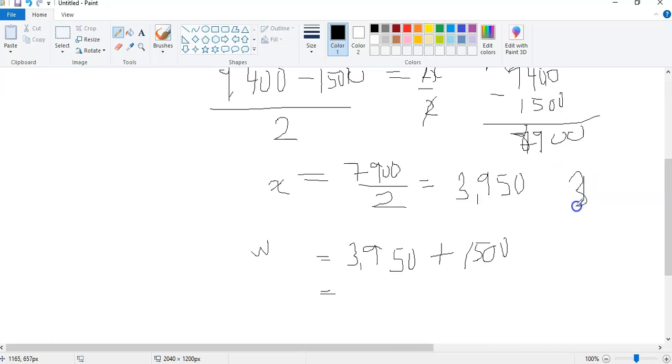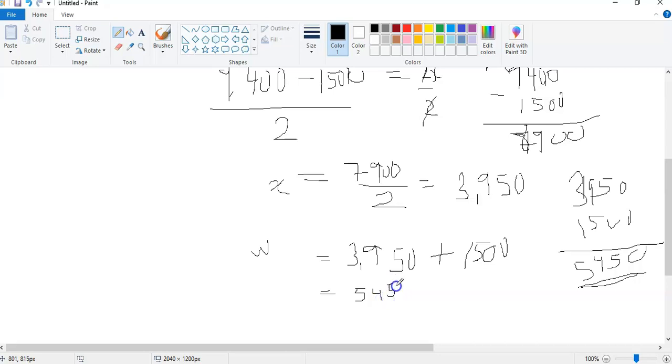You have 3,950 plus 1,500. So you do the addition. 0 plus 0 is 0, 5 plus 0 is 5, 9 plus 5 is 14. So write the 4 and carry the 1. And this plus this will give you 4 plus the 1. So you have this. This is the number of women over there.